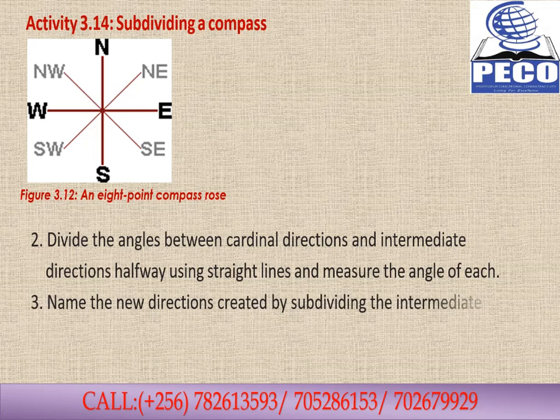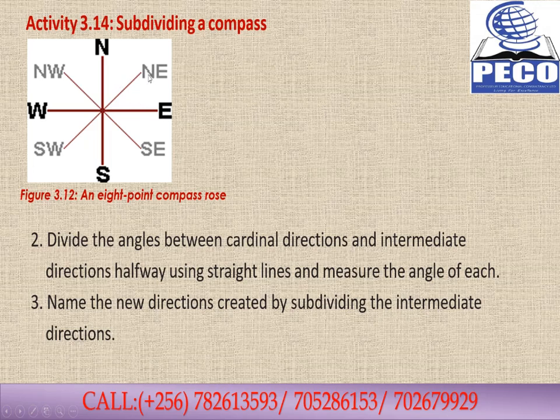So write those angles. Then what is the name of these new directions that you have created by subdividing the intermediate directions? For example, what is the direction between north and northeast? What is the direction between northeast and the east?